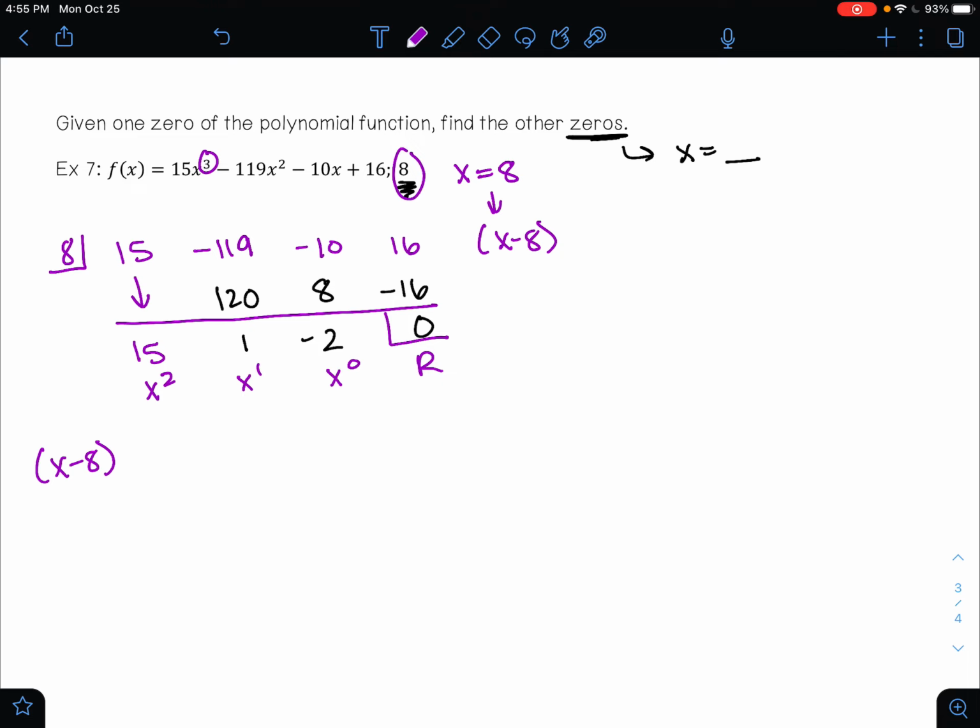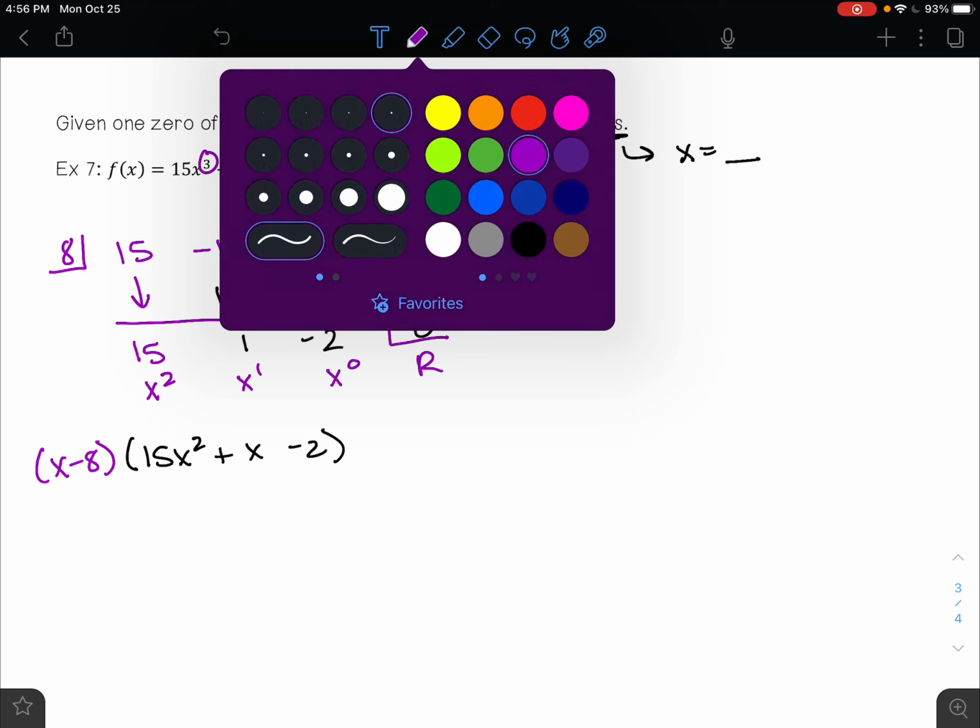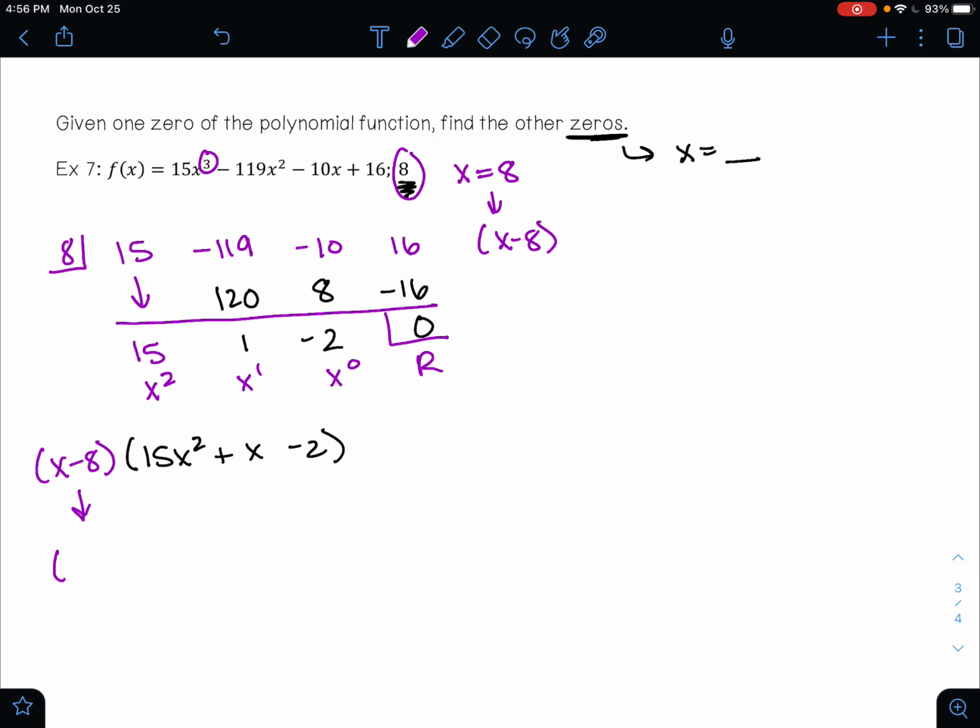So I have, as my second factor, 15x squared plus x minus 2. Now we always want to factor completely, meaning that we are looking for linear factors. X minus 8 is already a linear factor, so I'm going to go ahead and bring that down.